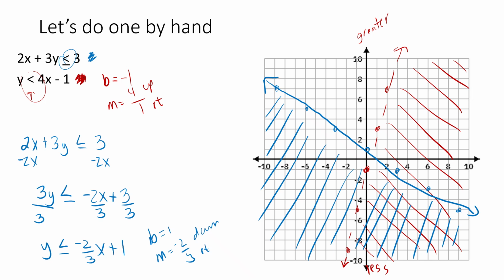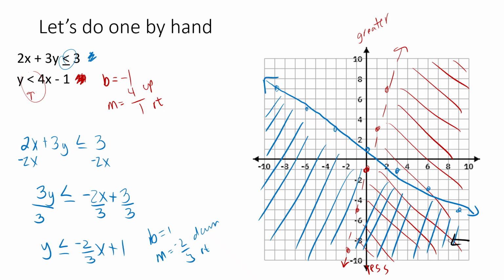Now, if you only have one color that you're working with, so maybe you just have a pencil, this little trick with the direction will create a hash mark sort of. And so you'll have the section that's only blue, the section that's only red, or only lines in this direction, section that's only lines in this direction, and then you'll have this area of crisscrossiness, and that's the chunk that is a solution to both.